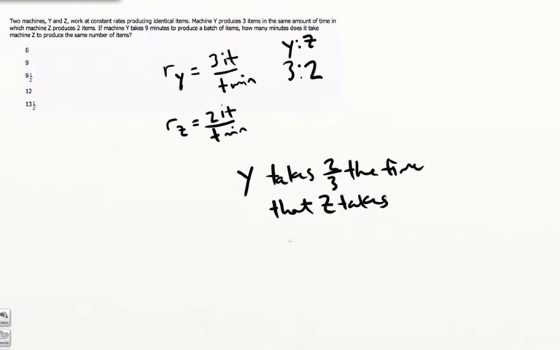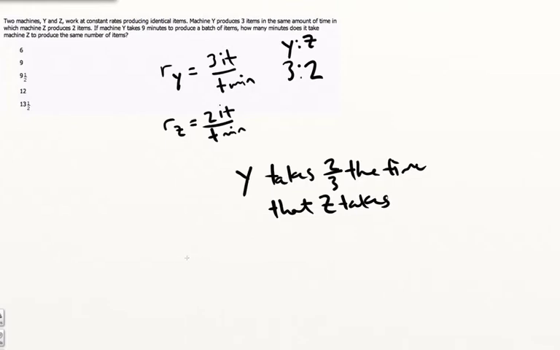So what that means, if Y is faster than Z by a proportion of 3 to 2, then what we'll find is actually that Y takes 2/3 the time that Z takes. So basically what that means is that if Y takes 9 minutes, that would imply that Z is going to be 3/2 of 9 minutes.